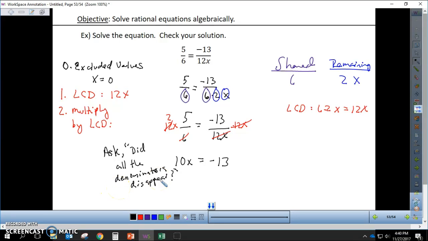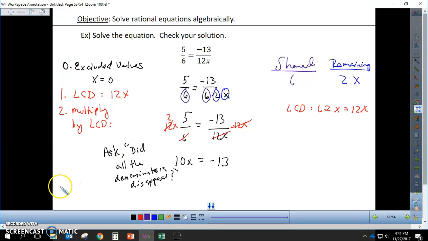If the answer is no, you picked the wrong LCD. Your LCD has to be big enough to completely destroy, get rid of all of your denominators. The whole goal is to have something nice and pretty like this: 10x equals negative 13.